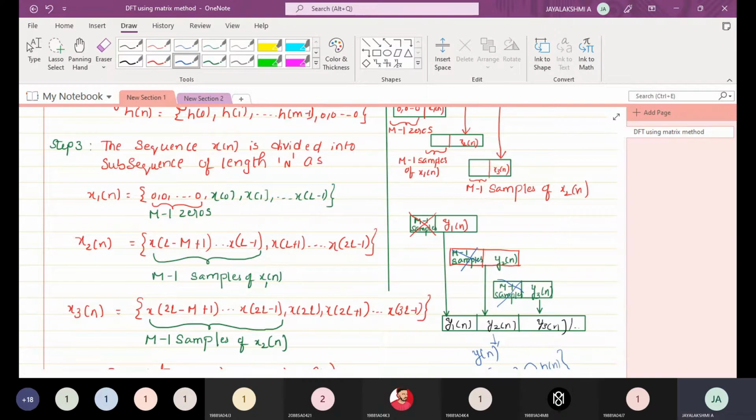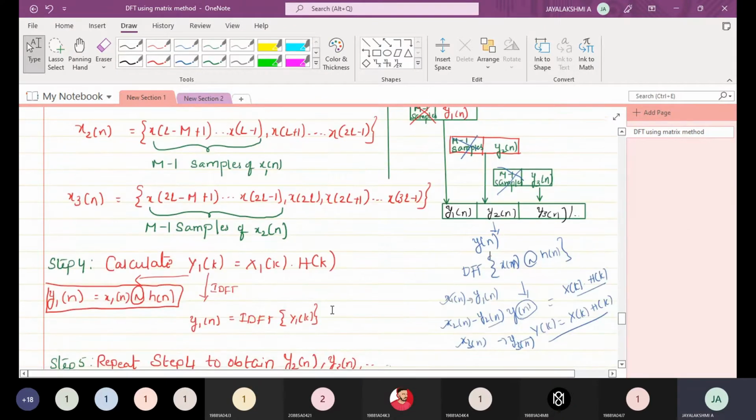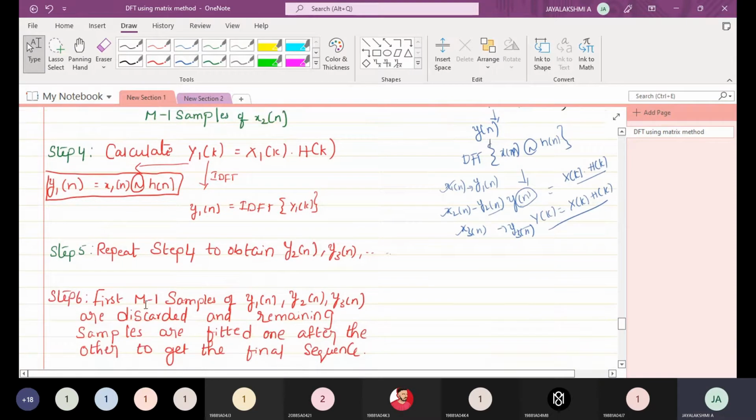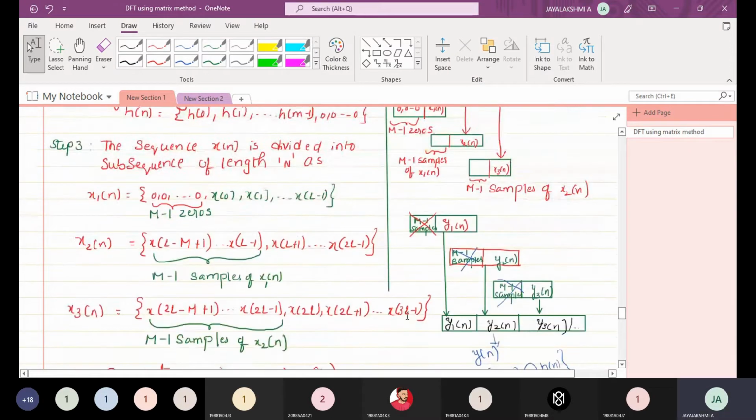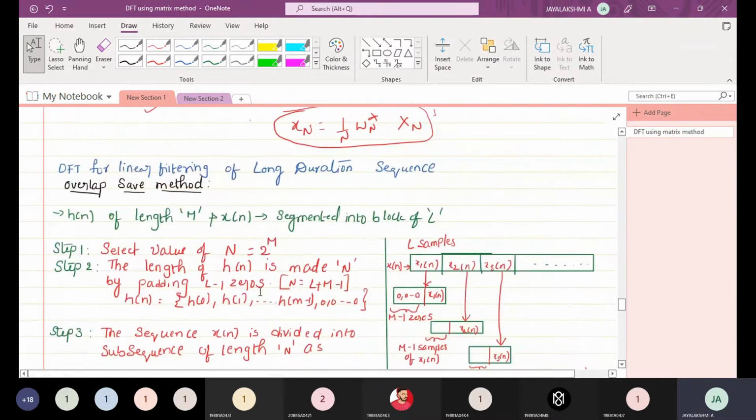This is the procedure we are following. In the last step, the first m minus 1 samples of y1 of n, y2 of n, y3 of n are discarded, and the remaining samples are fitted one after the other to get the final sequence y of n. Got it? This is the procedure.